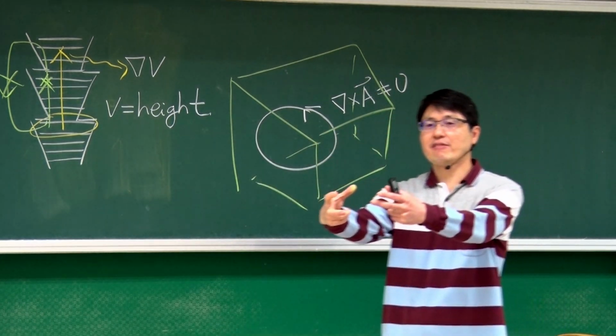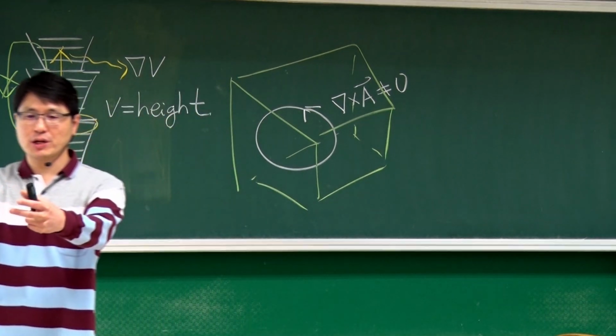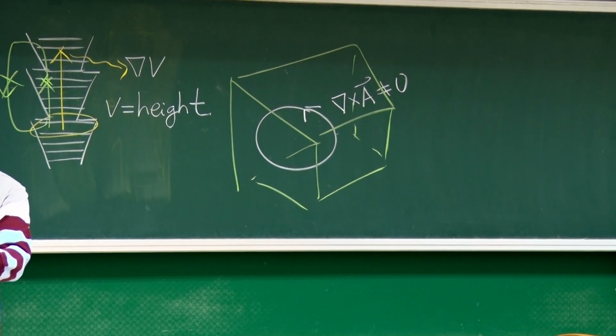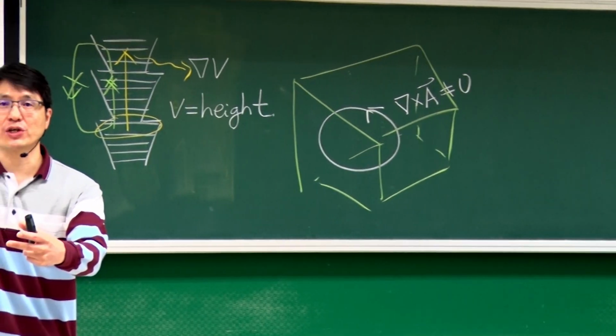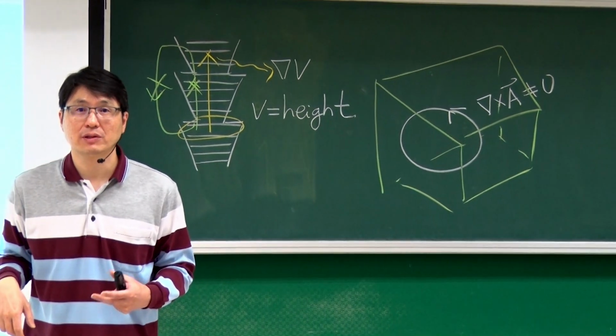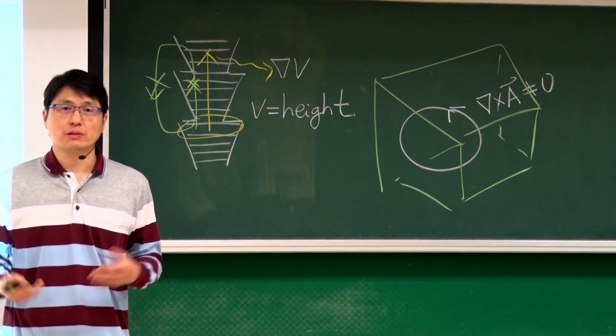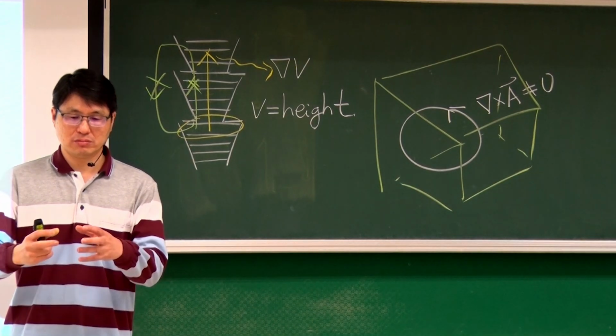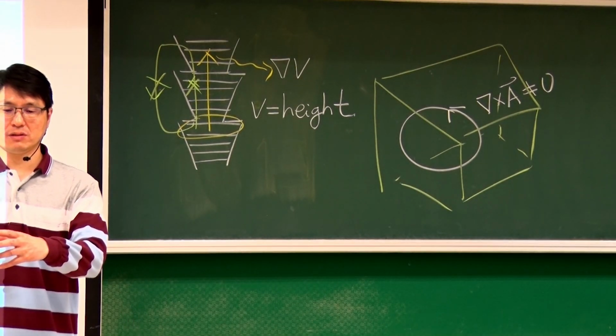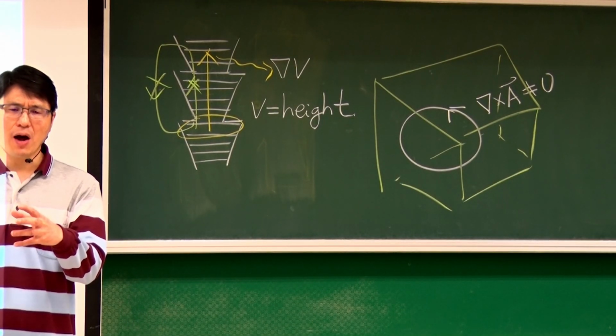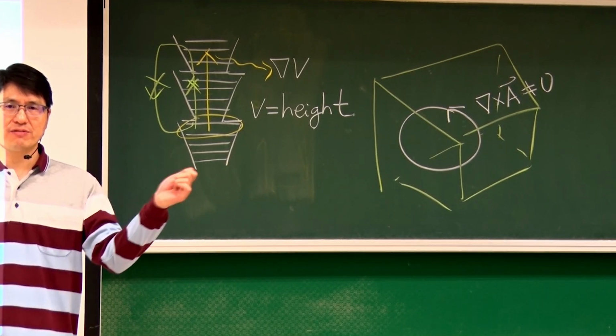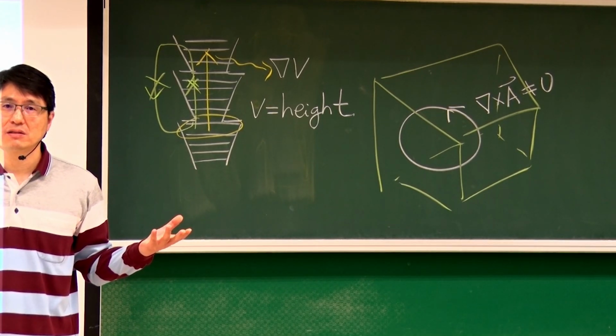Just imagine, I have a box. I have a magical box. I open the box, I have something circulating inside. Okay? So you ask yourself, oh, I have a circulating field inside the box, so how much of that field is flowing out of the box? 0.